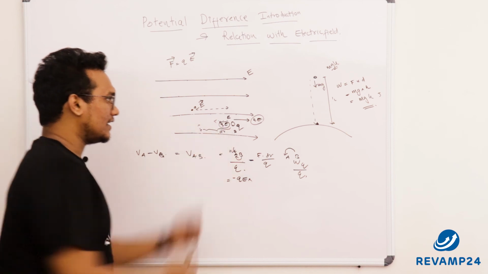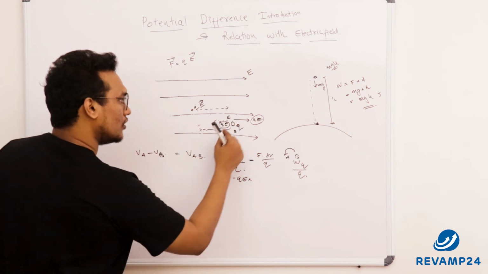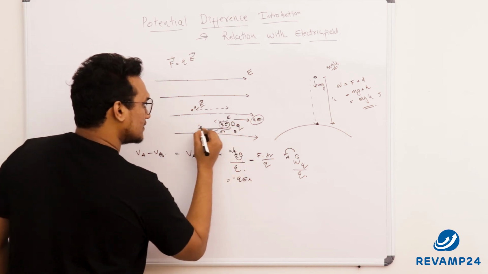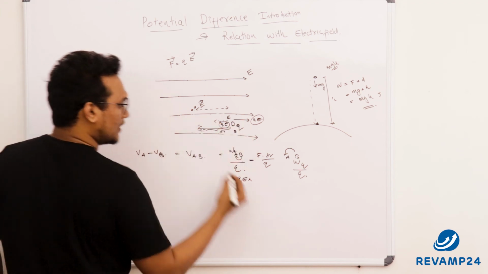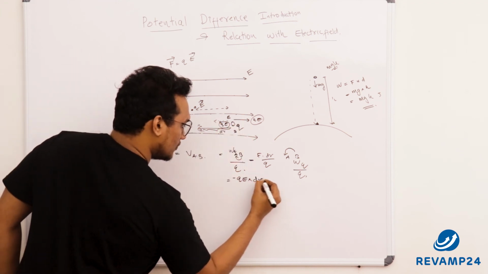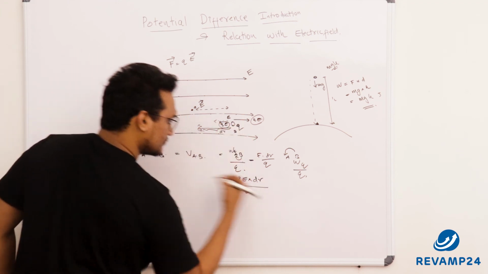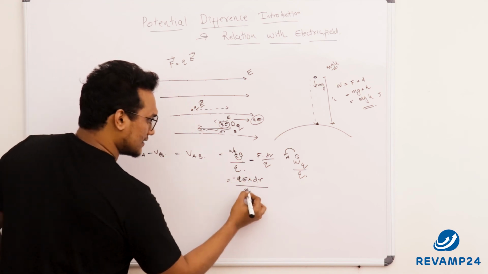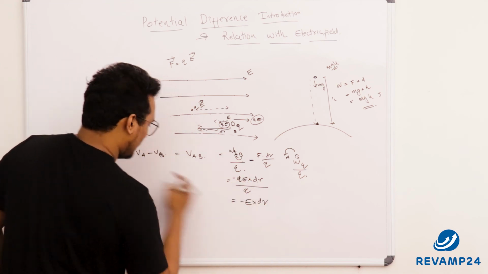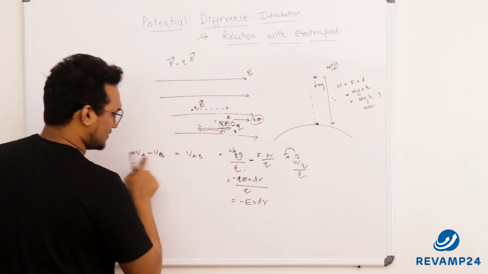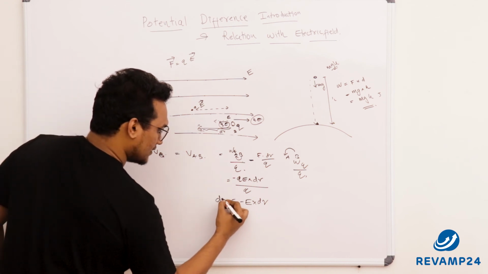So force is this one, and we are going to give a displacement in this direction. We are applying a force minus QE in this way, and displacement is this. So minus QE into dr divided by Q, and Q will cancel. What is the value? Minus E into dr is VA minus VB. So it's a change, right? I am going to make it as dV.